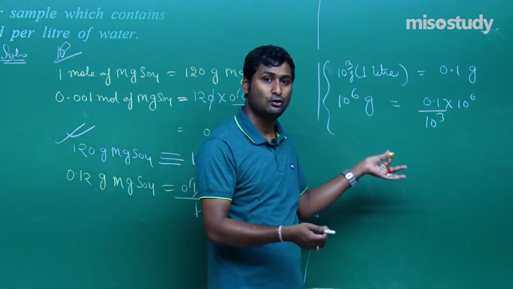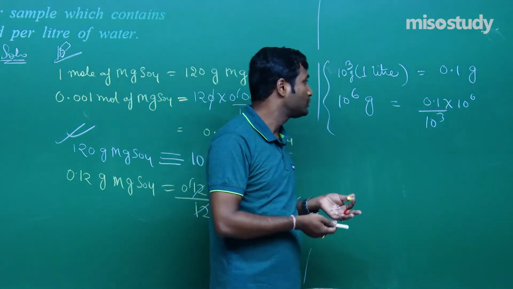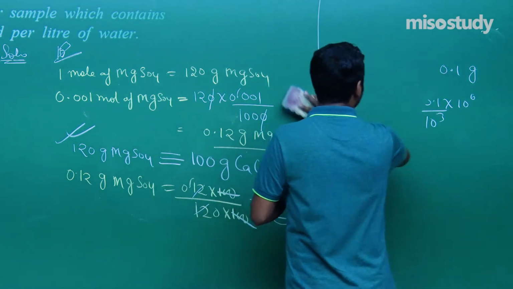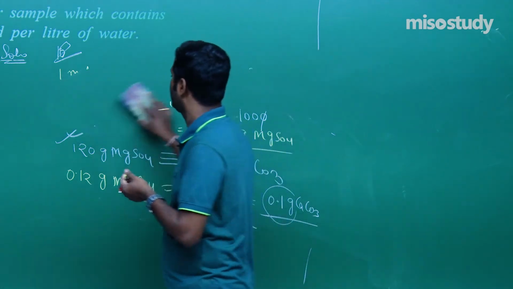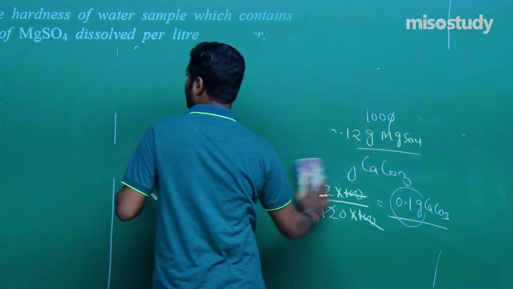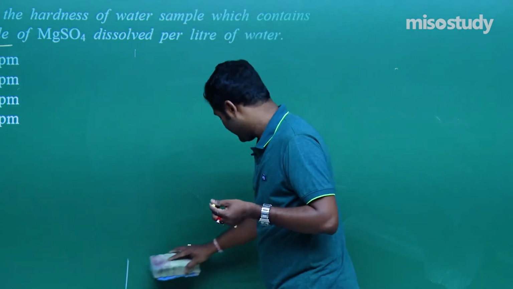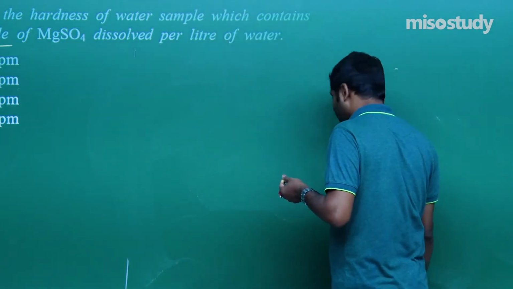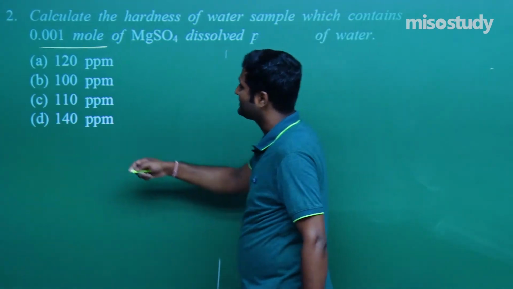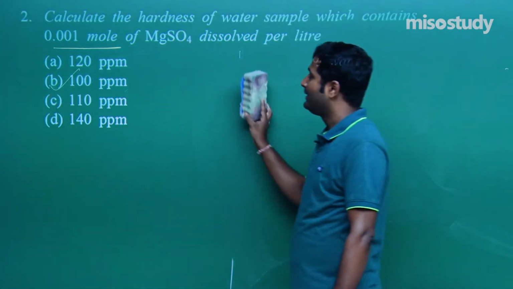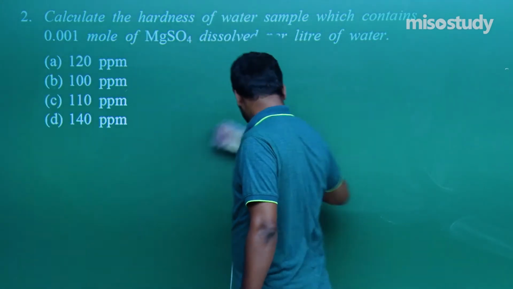That is the mass of the solute upon mass of the solution multiply 10 to the power 6. Clear? Now, the answer of this question we can easily say is 100 ppm. Clear? Now, let's move to the next question.